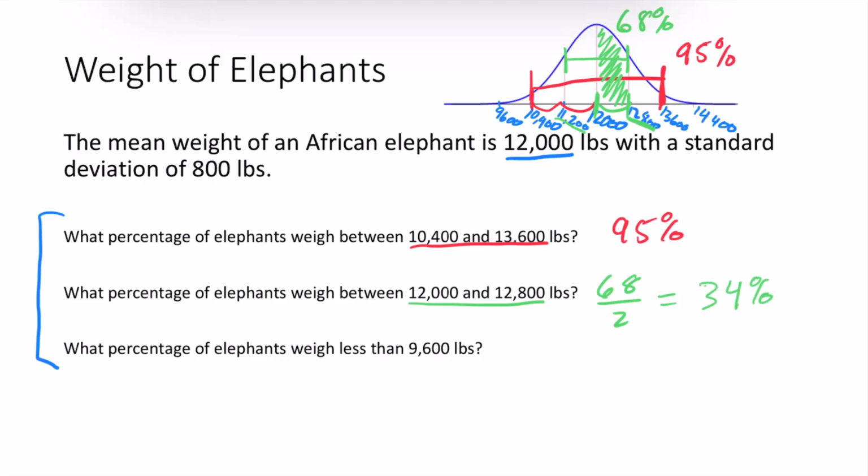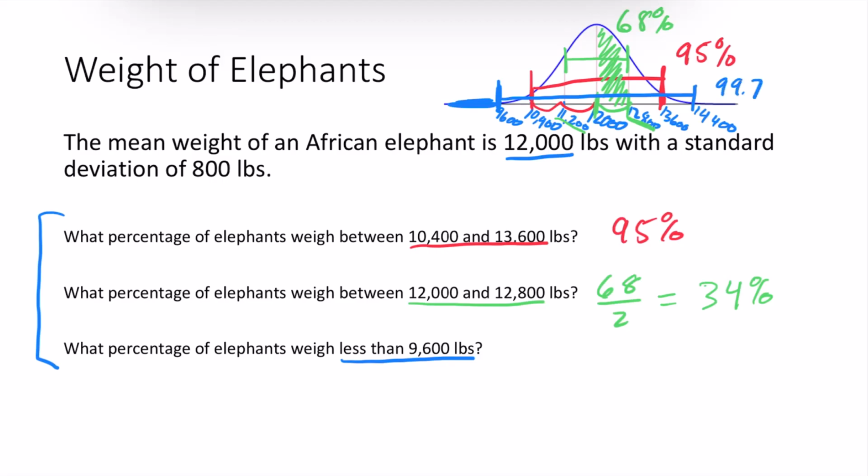Then my last question is what percentage of elephants weigh less than 9,600 pounds? So 9,600 pounds is way down here. And basically, I want to know what percentage of elephants weigh less than that. So to figure this one out, I'm going to use the empirical rule that says that the percentage of data points between 9,600 and 14,400 is 99.7.